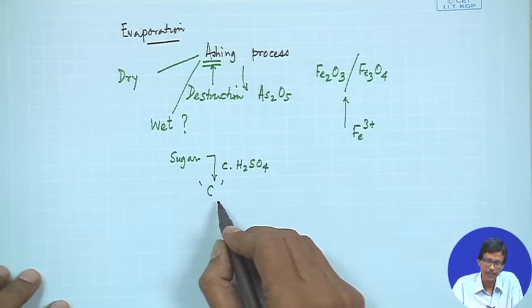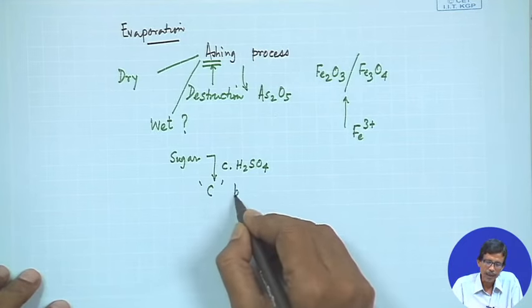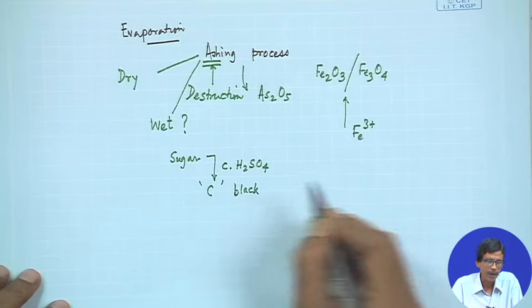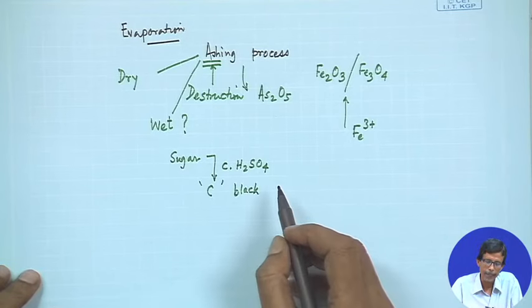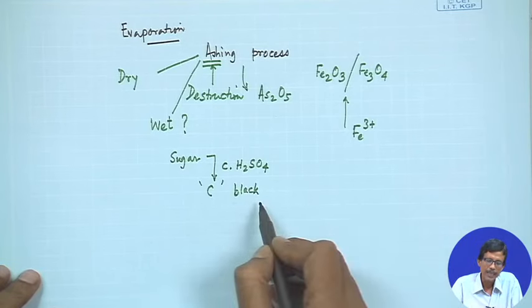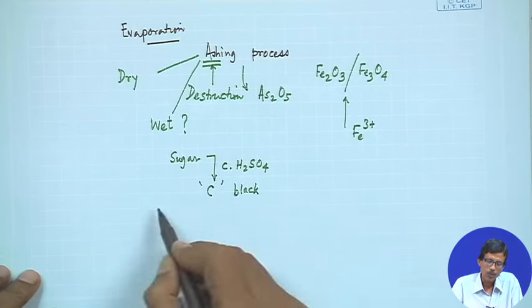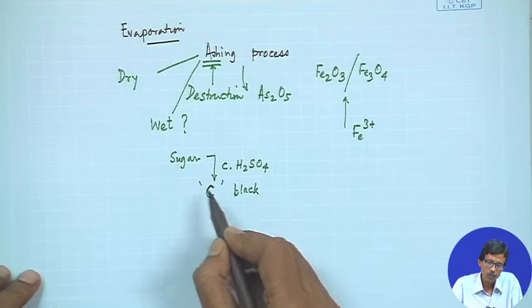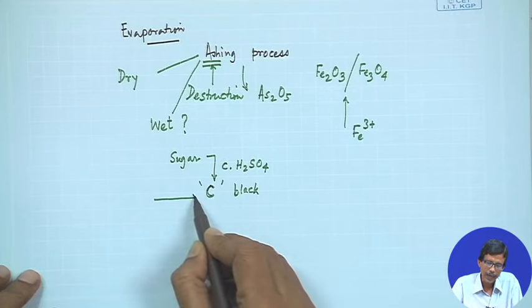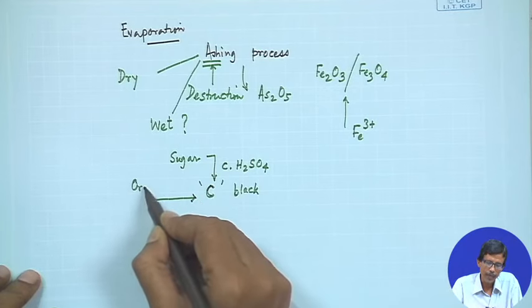So, that is a black material, and this carbon from sugar can also come from some organic molecule.